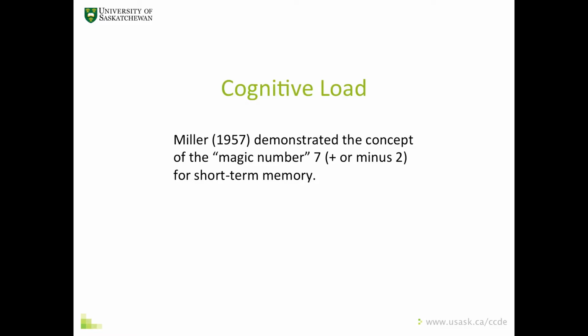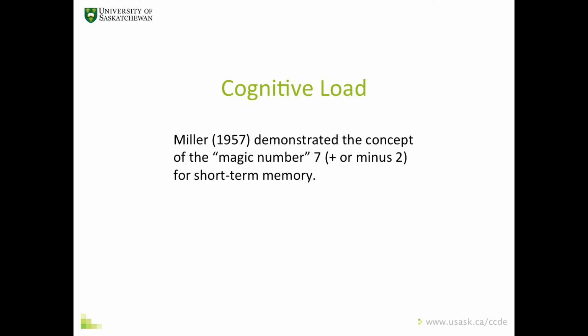An example of cognitive load, the one that's most commonly referred to, is Miller. He's come up with the magic number theory, the magic number 7, that in our short-term memory we're able to remember 7 things, 7 digits, 7 whatever, plus or minus 2.